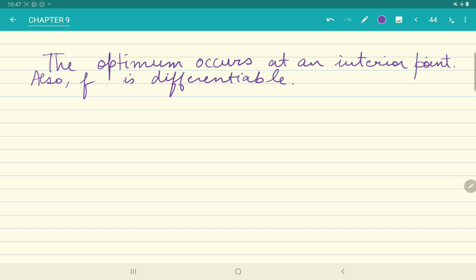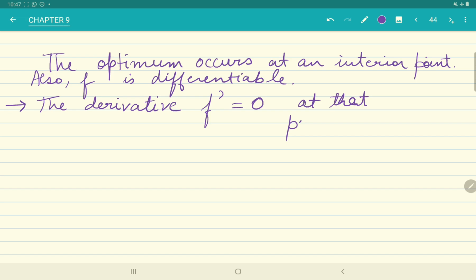Then we know that the derivative f prime will be equal to 0 at that point, that means at the optimum. And the optimum belongs to the domain of the function.